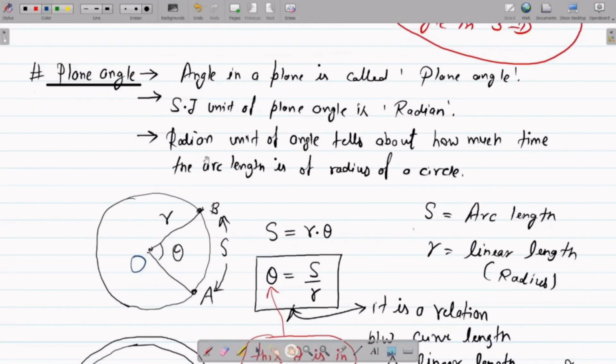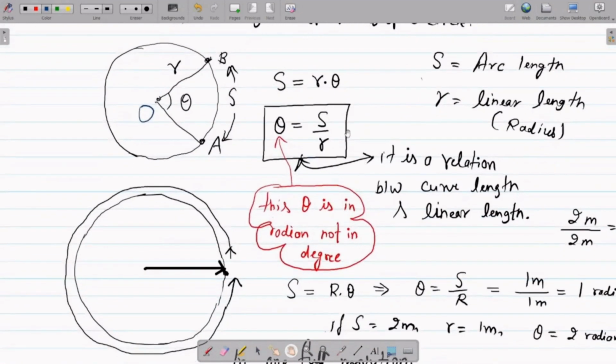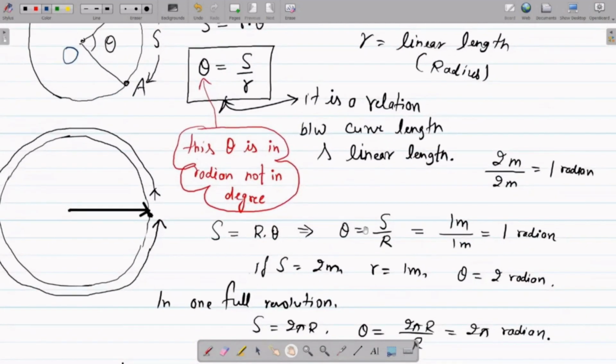Now, what is the meaning of this radian? The radian unit of angle tells you how many times the arc length is of the radius of the circle. Suppose you put S equal to 1 meter and R also equal to 1 meter, then theta comes out to be 1 radian.